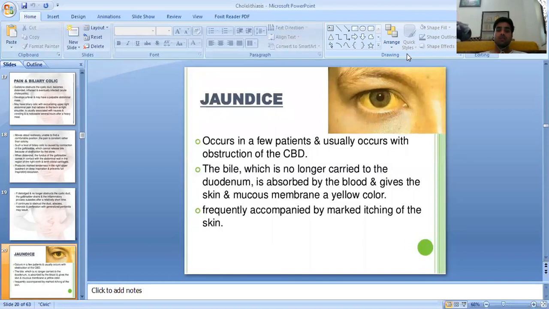Other symptoms are jaundice. It occurs in a few patients and usually occurs with obstruction of the common bile duct. The bile, which is no longer carried to the duodenum, is absorbed by the blood and gives the skin and mucous membranes a yellow color, frequently accompanied by marked itching of the skin.